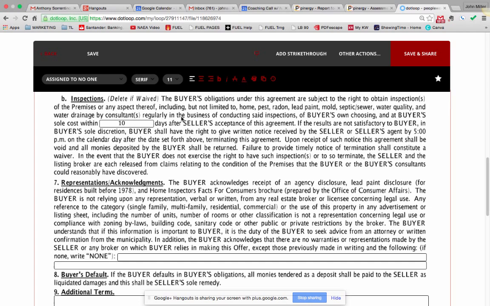I've seen buyer agents say to buyers, well, you have to do a home inspection and you have to do it within this time frame.